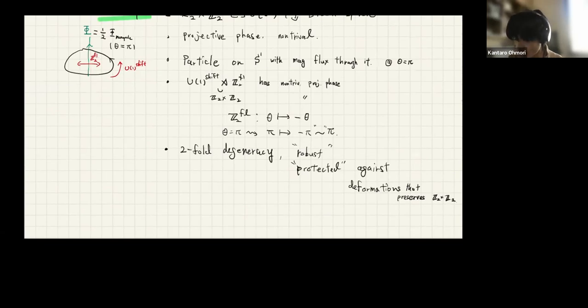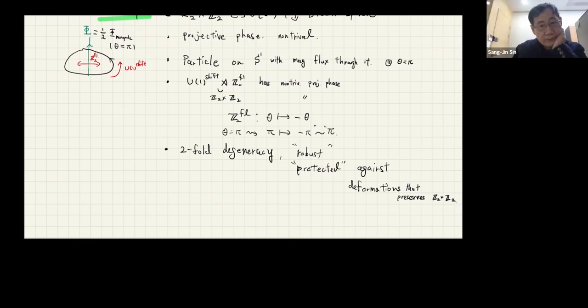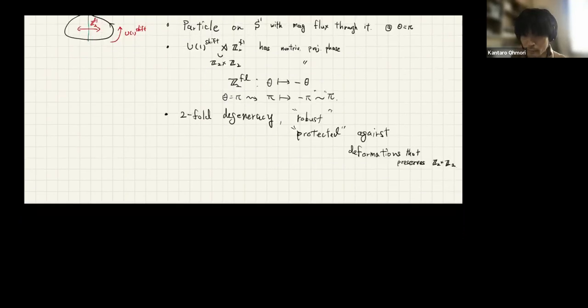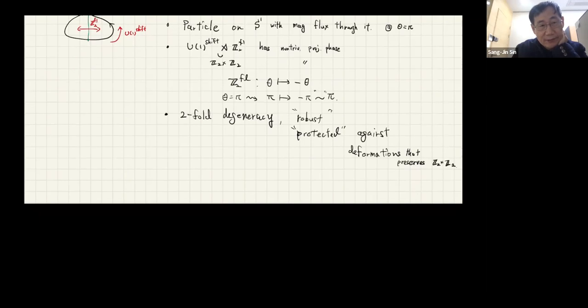Roughly speaking, you cannot remove the projective phase by redefining the unitaries. But I'll be precise in that soon. I'm still having some difficulty figuring out what kind of topology the cohomology represented by this projective phase is measuring.